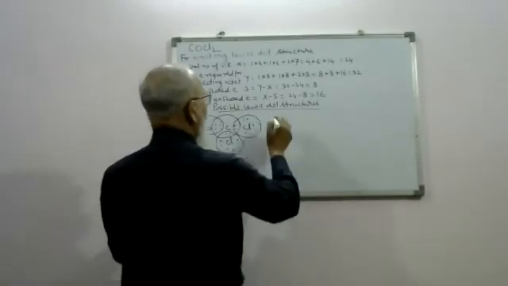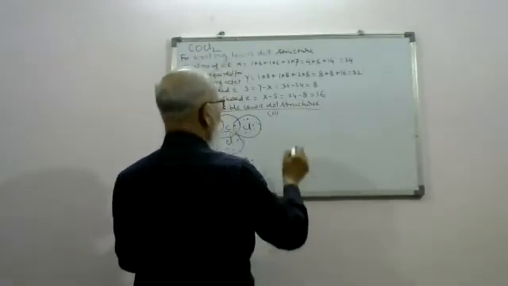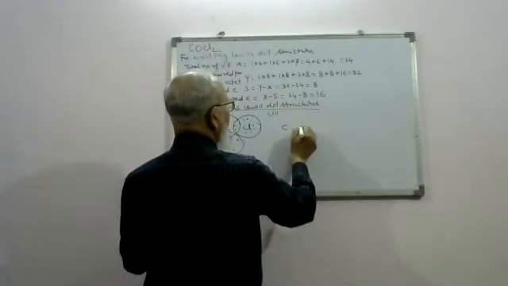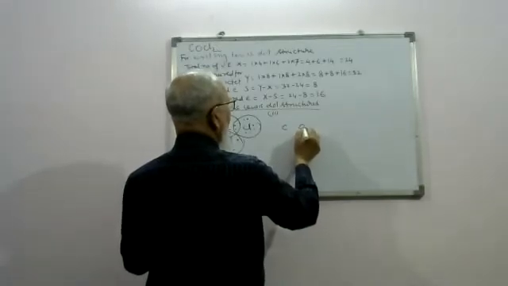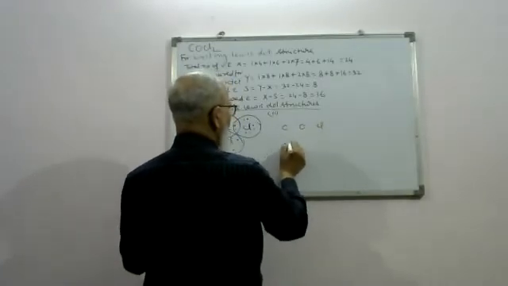Let us draw another Lewis dot structure. C, O, Cl, Cl.